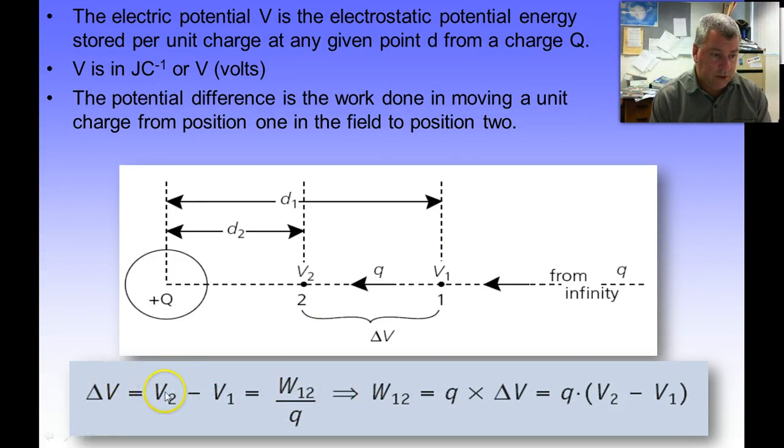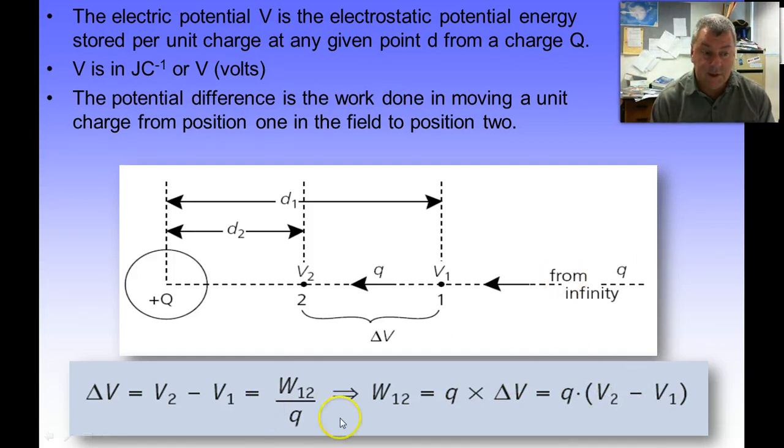The change in the voltage is V2 minus V1, which equals the work done moving it from 1 to 2 divided by Q, the charge. So the work done moving it from 1 to 2 equals the charge times the change in voltage, because W equals QV, and therefore W equals Q times (V2 minus V1).